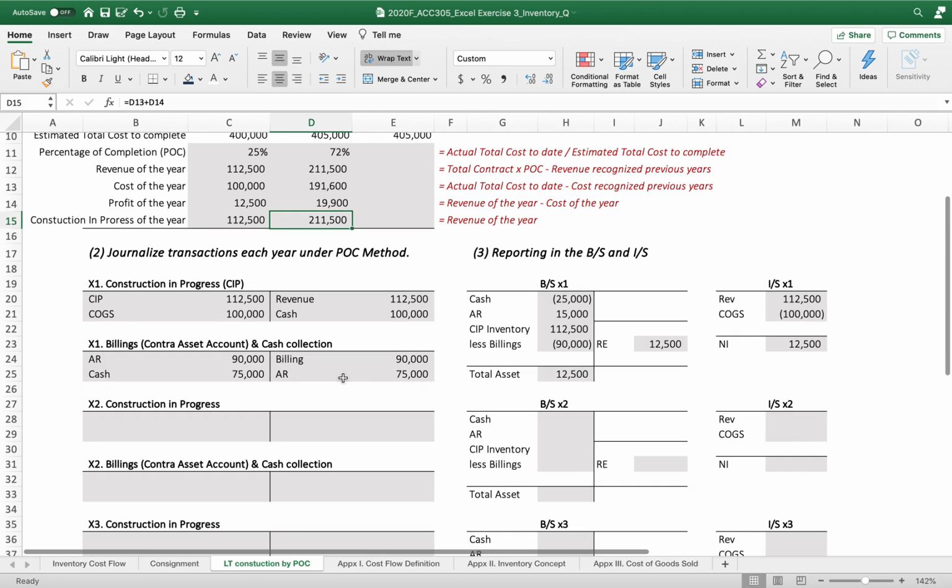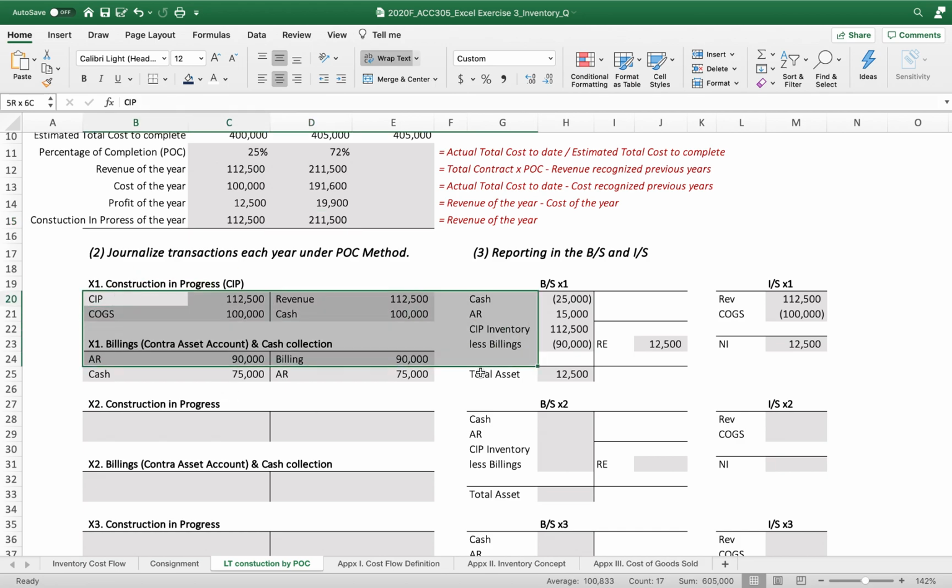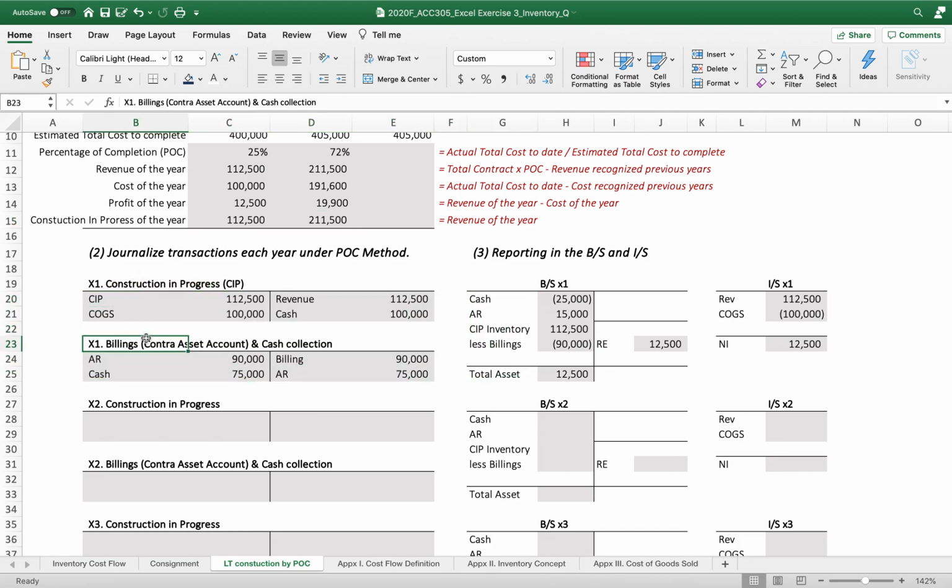Then let's put this one into the journal entry and the balance sheet and income statement. We're going to use the same account. So let's just copy and paste, because we are going to use the same account with different amounts.